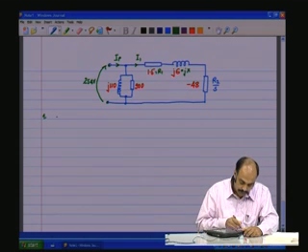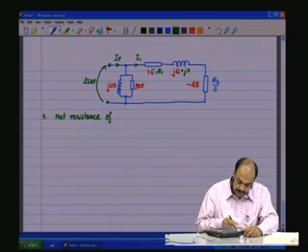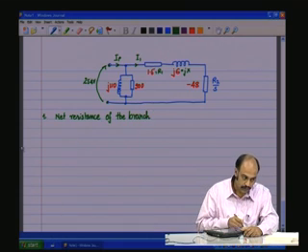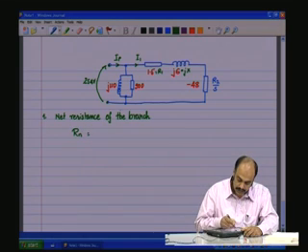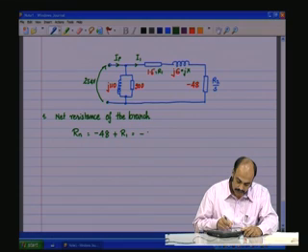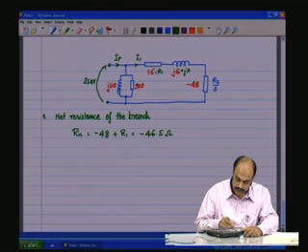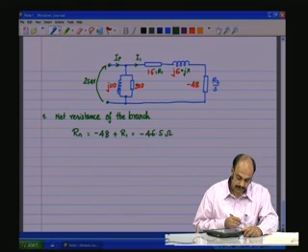So we have first the net resistance of the branch, let's say Rn, given by minus 48 plus R1, which is equal to minus 46.5 ohms. Okay, that is this and this added up.